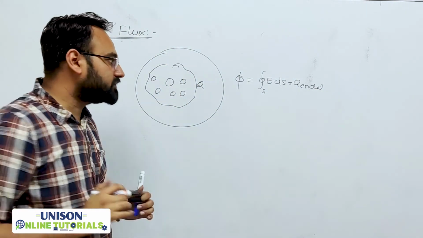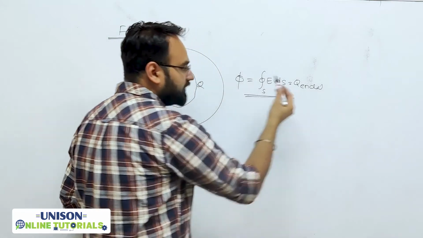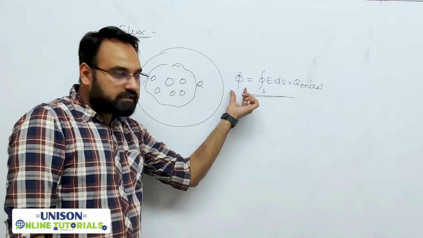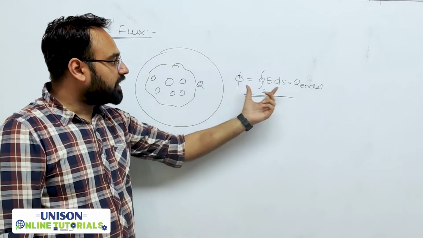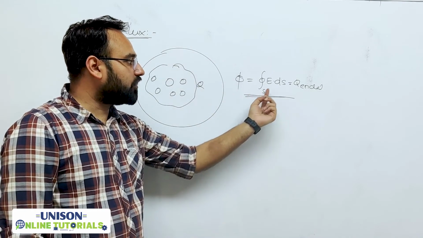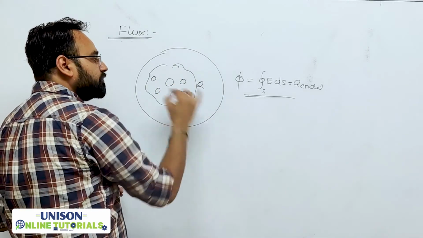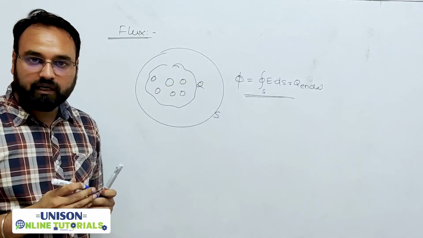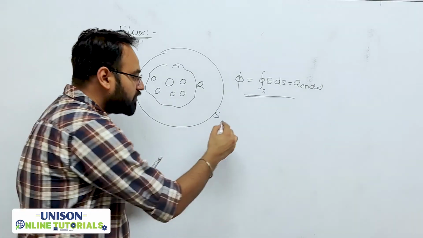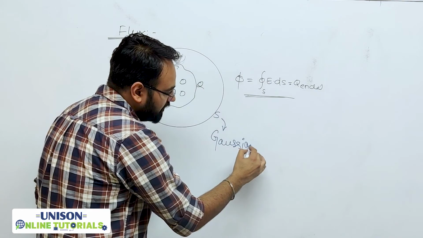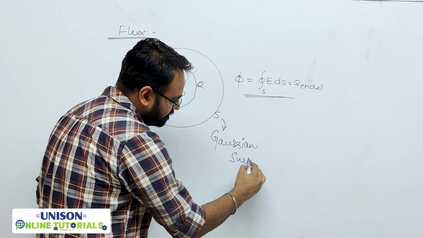In our regular class, we will understand these terms in detail, but for the time being just understand that flux is the closed surface integral of E dot ds, which is equal to Q enclosed, the charge enclosed by this surface. And this surface is called the Gaussian surface.